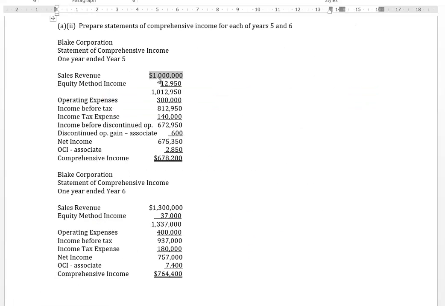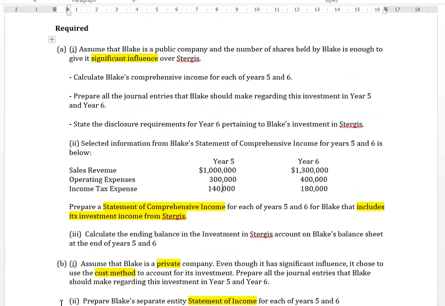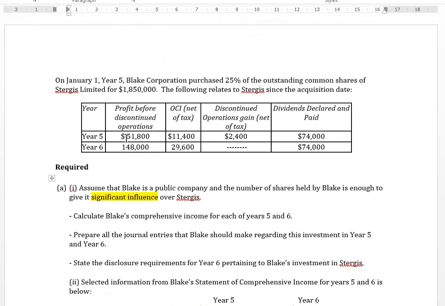But don't forget, now that I've got my revenue, I also have to add in my equity method income. You'll recall from the earlier part of the problem, that's the profit before the discontinued operation. That is Blake's share of that. That's 25% of $51,800. So if you go back to the original question, you'll see that 51.8, that's 25% of it. That was the $12,950.